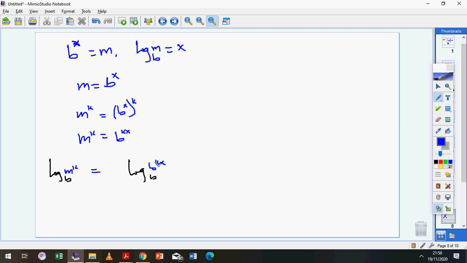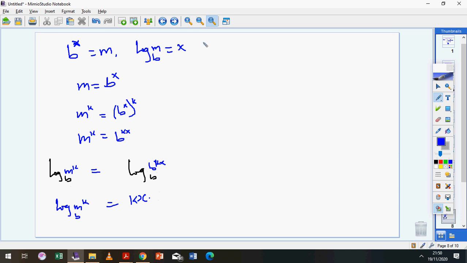So logarithm base b of m to the power k is equal to k times x times logarithm of b base b, and remember, logarithm of b base b is just 1. So on the right side I'll just have k times x, and on the other side I'll have logarithm base b of m to the power k, right?